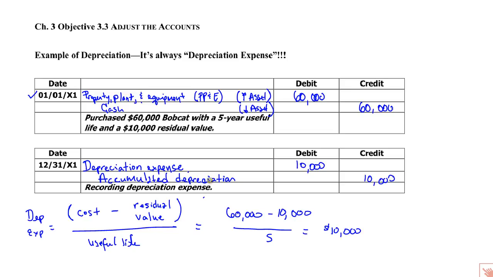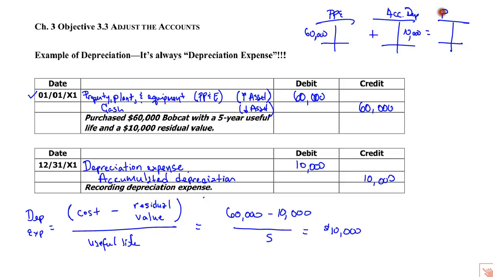What can I say about accumulated depreciation? 60,000 is property, plant, and equipment, and accumulated depreciation is 10,000. If you put those together, property, plant, and equipment net, which means net of accumulated depreciation, is 50,000.